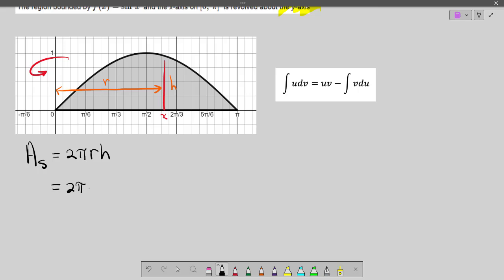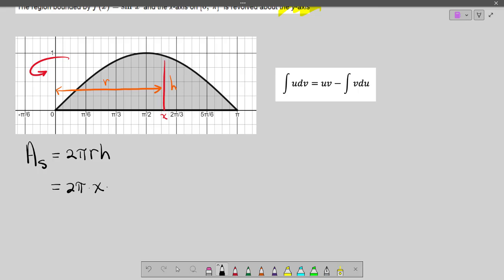If I can draw my representative integration element wherever I want, I say that it's going to be at a random x, and regardless of where it's drawn, this x means the distance from the y-axis. Well, the distance from the y-axis is the radius of the corresponding cylinder. So r is equal to x.